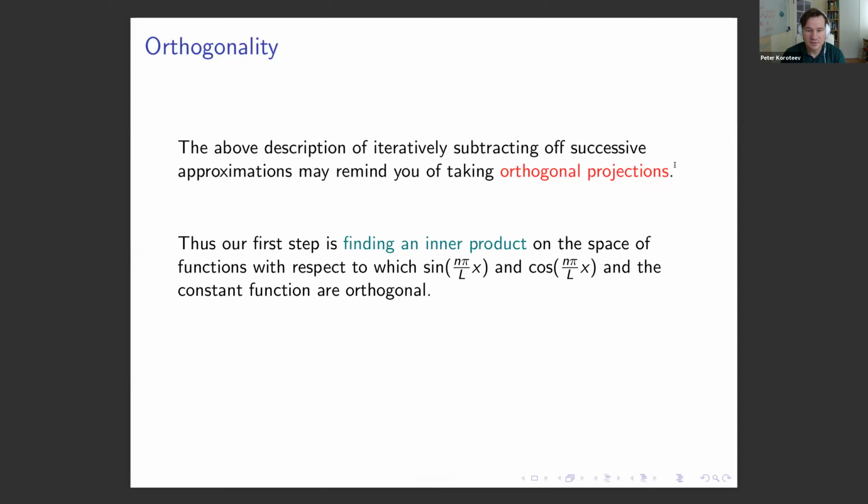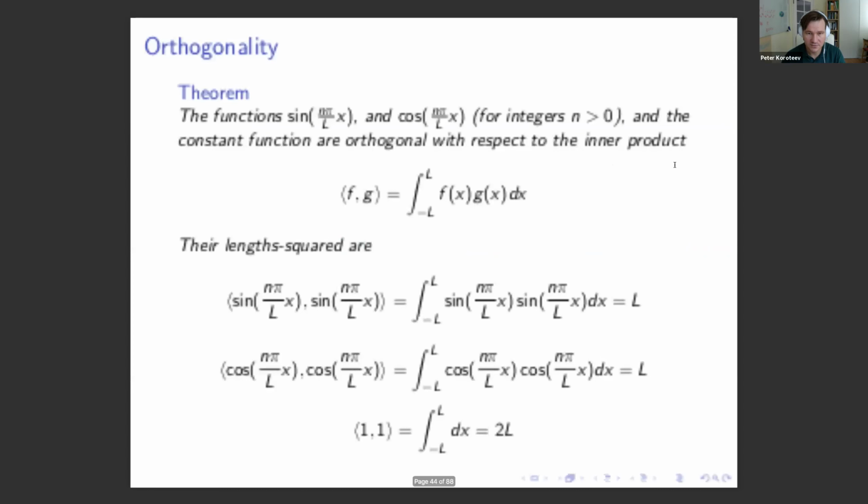So our first step is finding an inner product on the space of functions with respect to which sine n pi over L x and cosine n pi over L x, and the constant functions are orthogonal. We need to establish the inner product to claim this statement. Fortunately, it's more or less given to us. We don't have to work too hard.